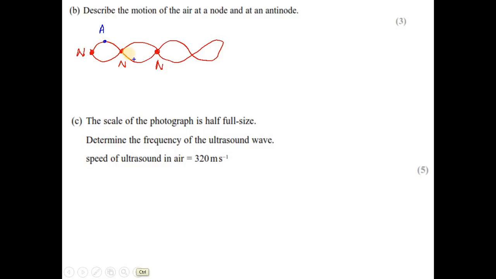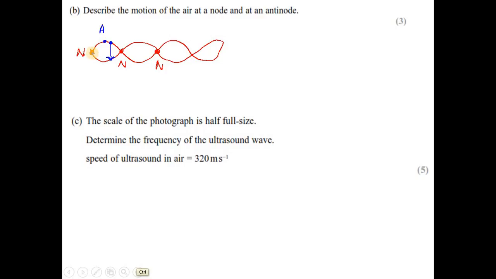So basically the standing wave is a vibration. So all the particles in the standing waves are oscillating up and down so quickly, like this. So if this is a particle of a medium, it is oscillating up and down so quickly, and the particle A, which is at antinode, is also oscillating.